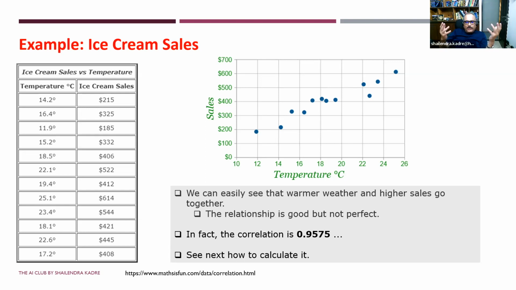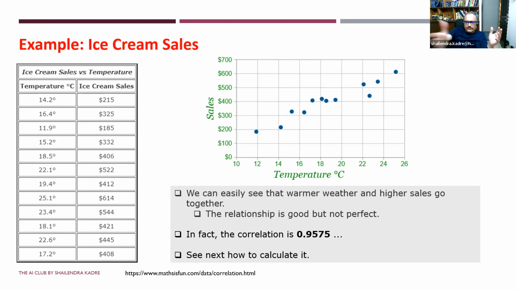Even a little common sense will tell you that ice cream sales at 25.1 degrees will be higher than at 11.9 degrees. At 11.9 degrees, very few people will buy ice cream, but at 25.1, many people will buy. And suppose we are talking about India at 44 degrees, everybody will buy ice cream and cold drinks, right? So we can say that when temperature rises, ice cream sales also rise. It's very common sense, right?